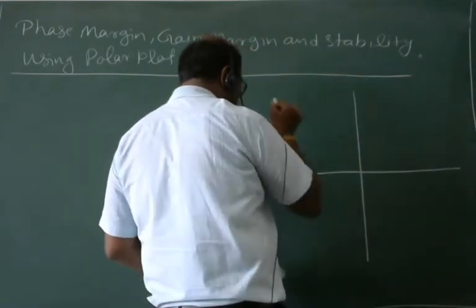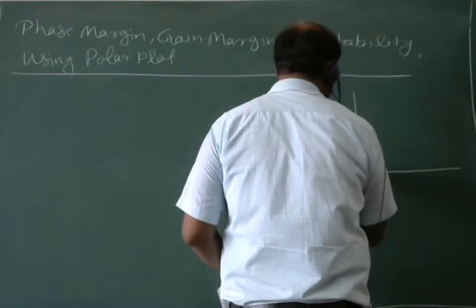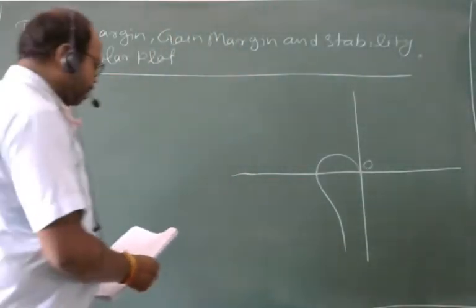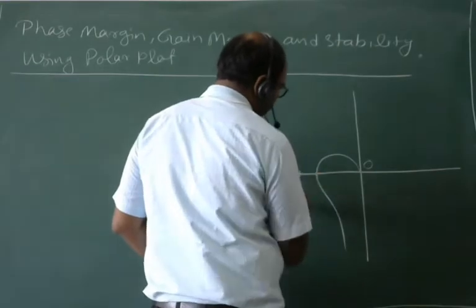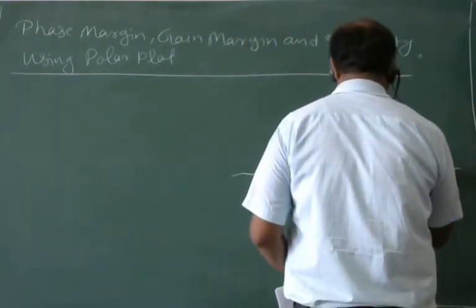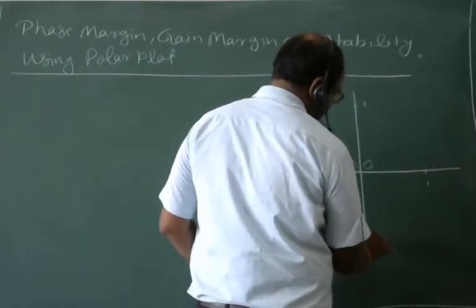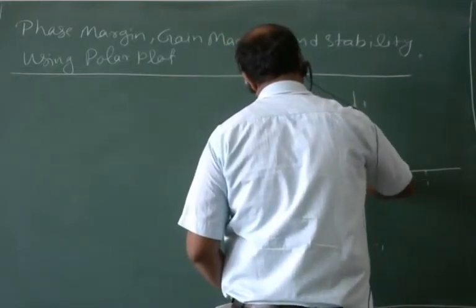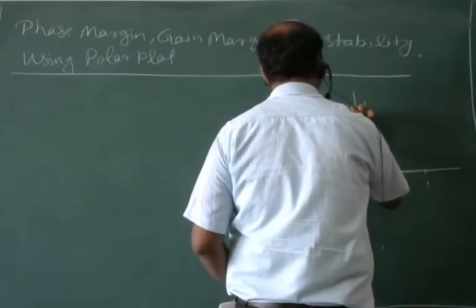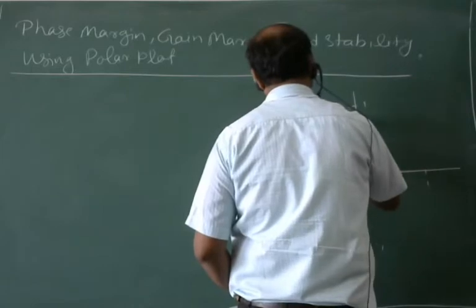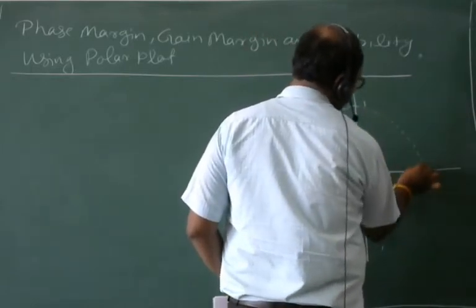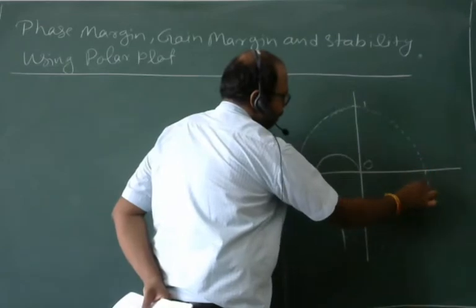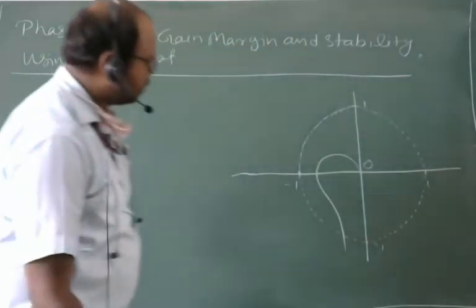and a unit circle. Let a sample polar plot be like this, and here I am having -1, here 1, here 1, and here -1. Like this.